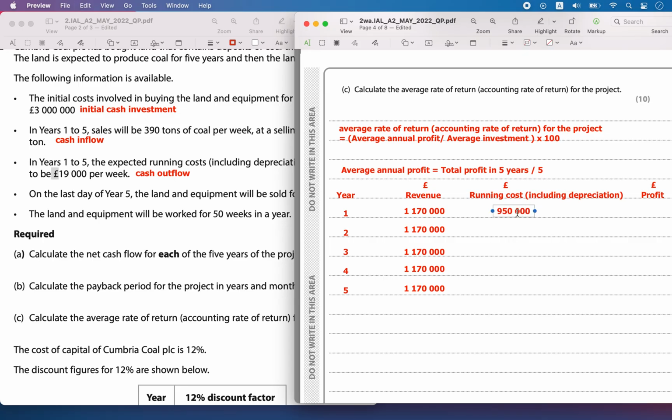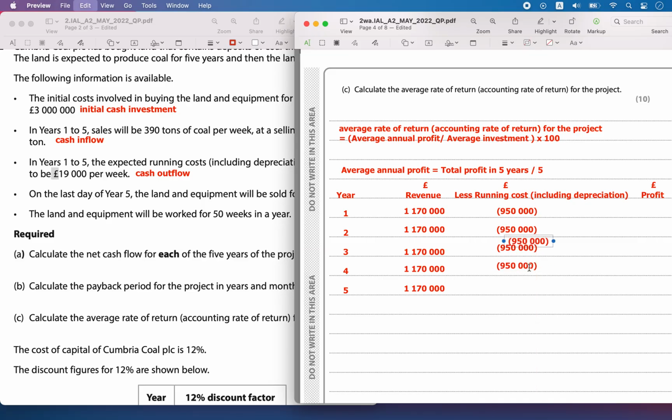So write the running cost, and revenue less the running cost will give you the profit. I am going to write it as a negative value. So 1,170,000 minus 950,000 gives the profit. Every year the running cost is around 950,000.